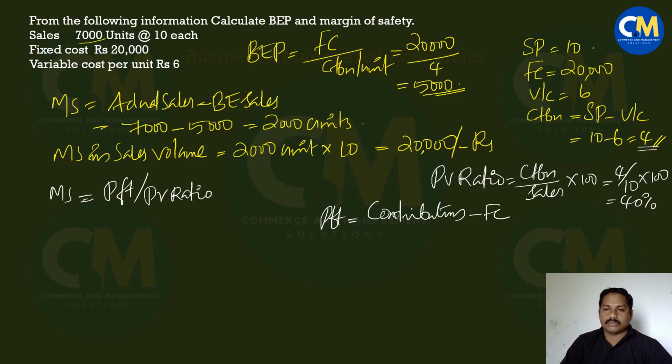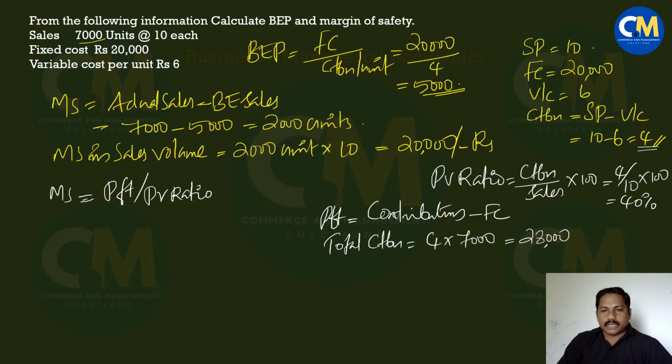But the contribution we calculated here is per unit, so we need to calculate the total contribution. Total contribution is 4 into the number of units we are producing, 7,000 units. So 4 into 7,000 is equal to 28,000. This is the total contribution.